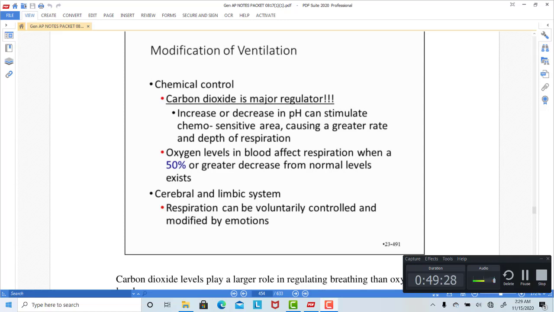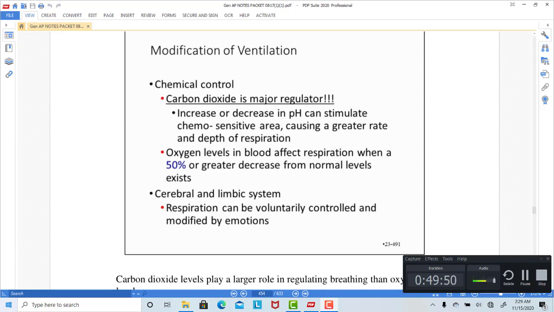With exercise, for example, as we start exercising and moving our muscles and producing more carbon dioxide, that's going to cause an increase in the respiratory rate. And we also have a higher demand for oxygen as well. But carbon dioxide is the major regulator of our respiratory rate. So very, very important that we understand that.